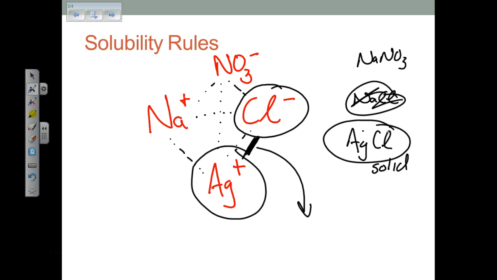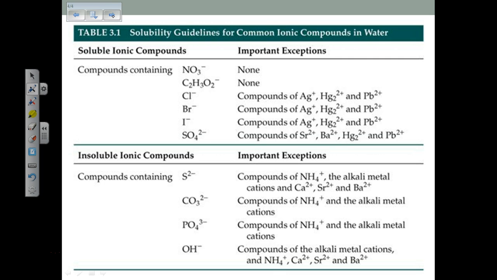Now, I get it. Your questions are going to be like, hey, how do you know what does what and what doesn't do what, and how does it all react? Well, it turns out that there's a list of solubility rules. So I'm going to actually draw a little list here with solubility rules. I think it's really important that we know this.